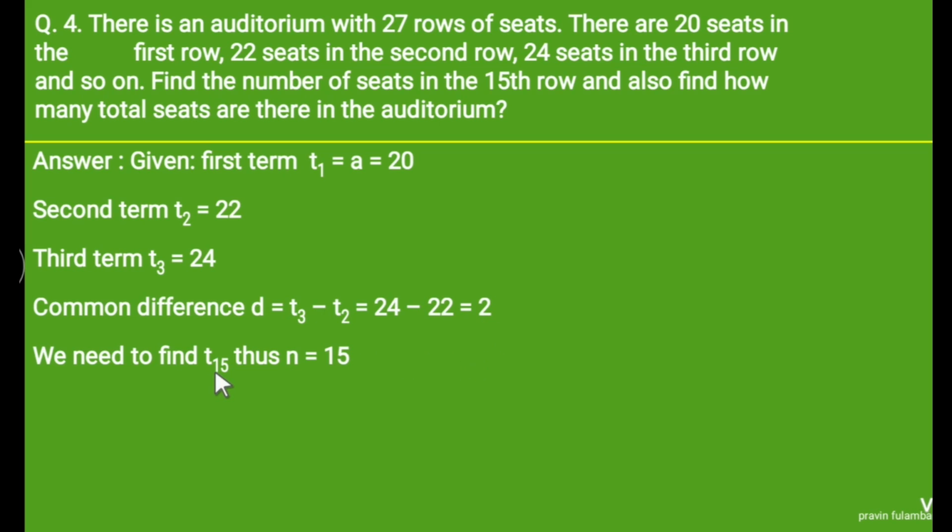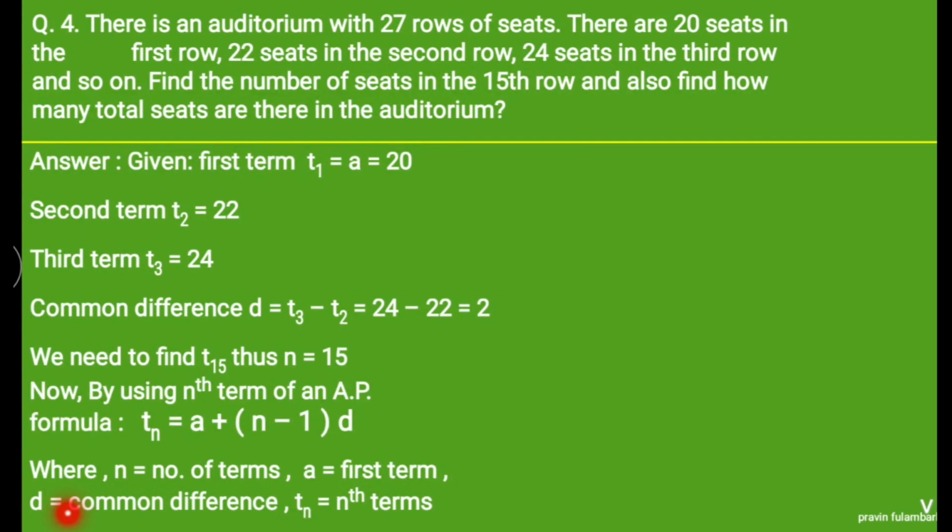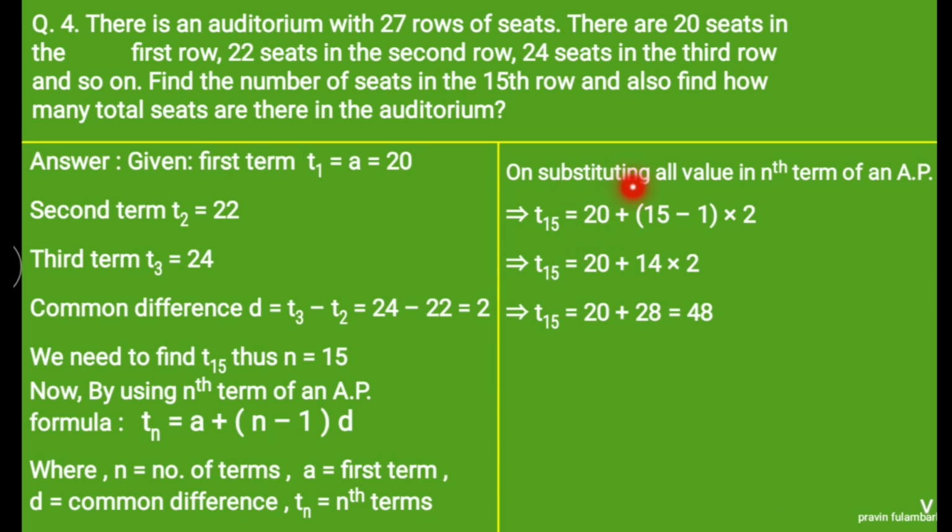We need to find T15. That means n equals 15, where n equals number of terms, A is the first term, D is the common difference, and Tn is the nth term. So on substituting all values in the nth term formula of an arithmetic progression, we use this formula Tn.